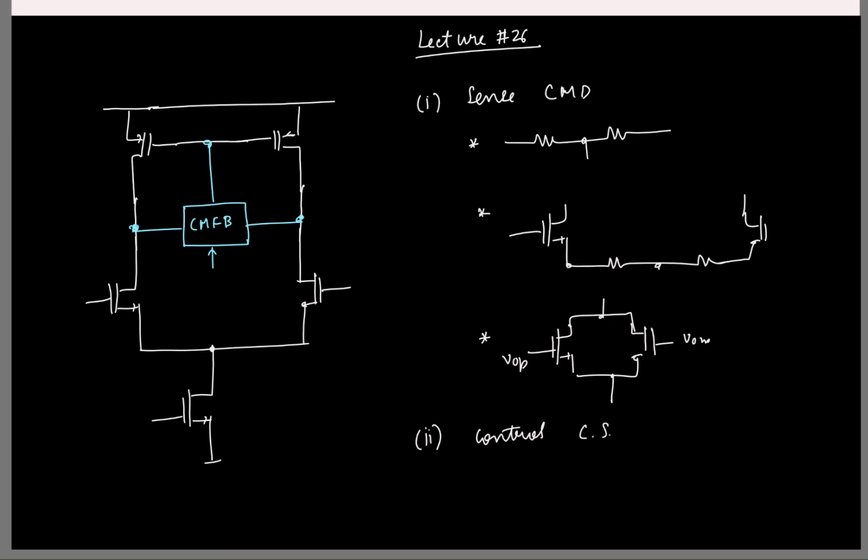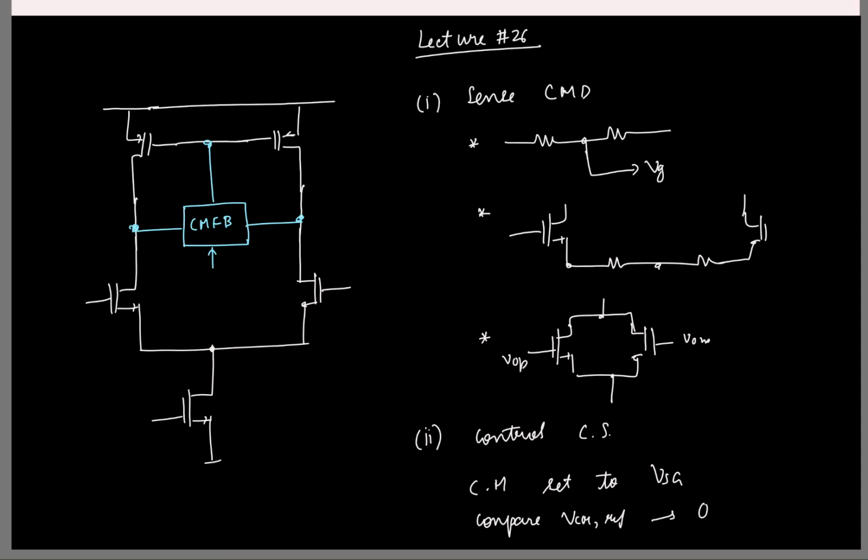The next step is to control the current source. One way, as we saw, is to directly connect the common mode connection like this. In that case, the common mode is set by process parameters like gate to source voltage and so on. Or you can compare with some reference and then set the current.